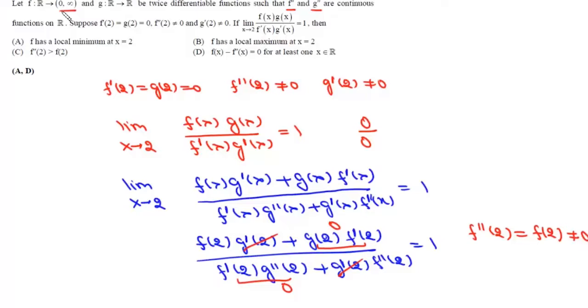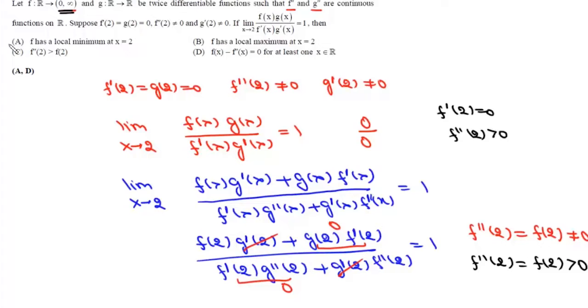Now in the question it says its codomain is from 0 to infinity. That means this f''(2), which is equal to f(2), is greater than 0. Now if we look at f'(2), we know that f'(2) is 0 and f''(2) is greater than 0. That means 2 is a point of local minimum.